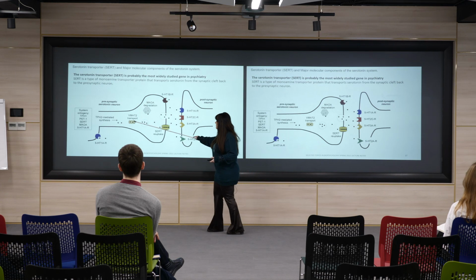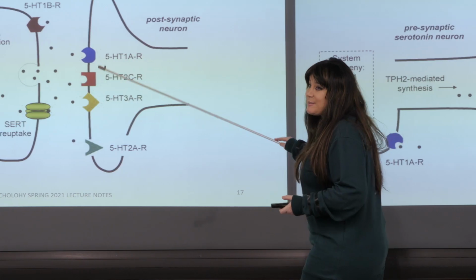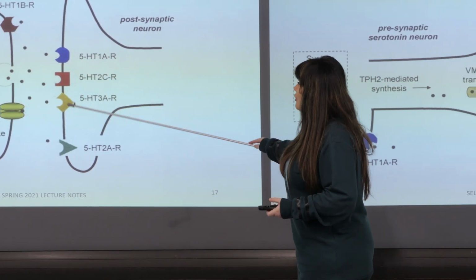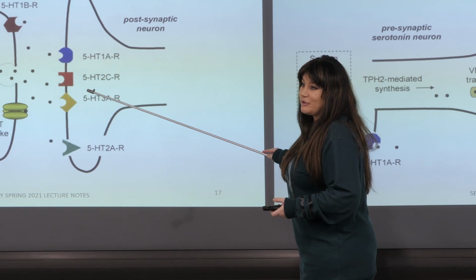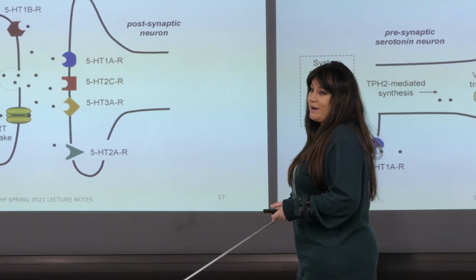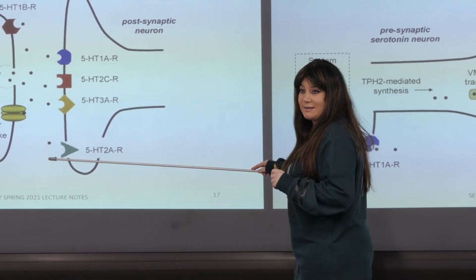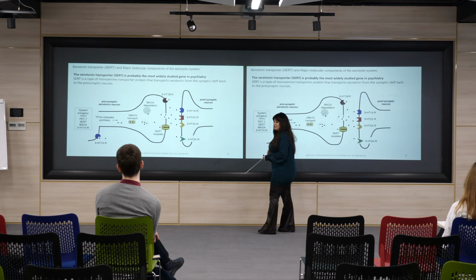In the presynapse, there is synthesis, transport, and vesicular release of the neurotransmitter. And then in the postsynapse, there are receptors that are targeted by the neurotransmitter, and that is a common mechanism for all kinds of neurotransmitters. I want you to know only this, not all these details, because this is an introductory course.